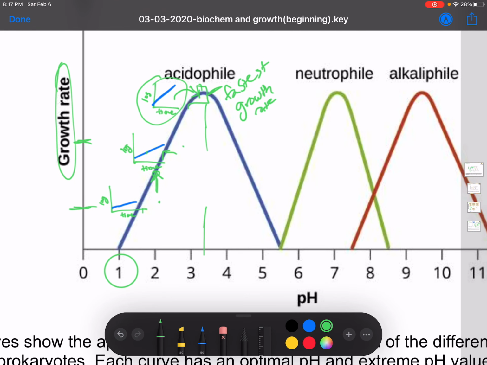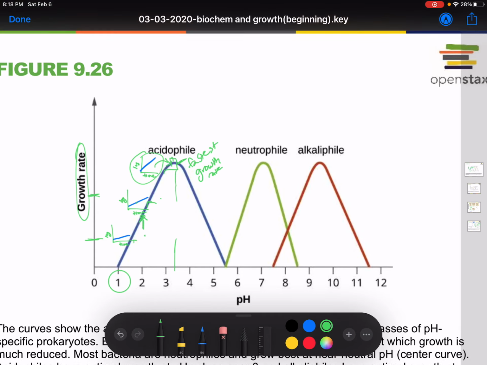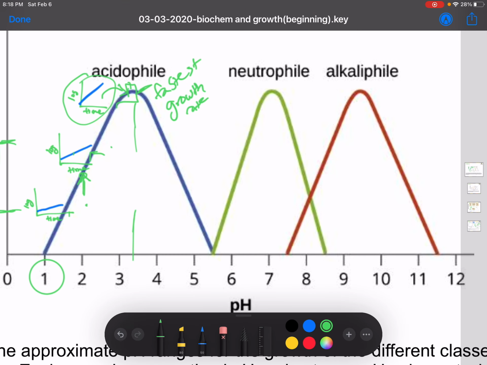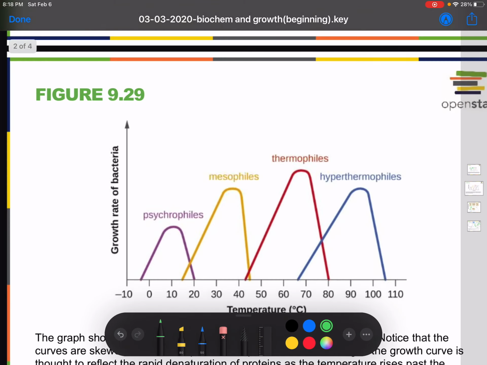So another thing to understand is that you're not using the same population of bacteria and putting it at different pHs. You're using the same type of bacteria, but we're not going to use the same exact bacterial cells to map this out. And so you could apply this kind of schema to all of these different curves on this graph, as well as this graph here.